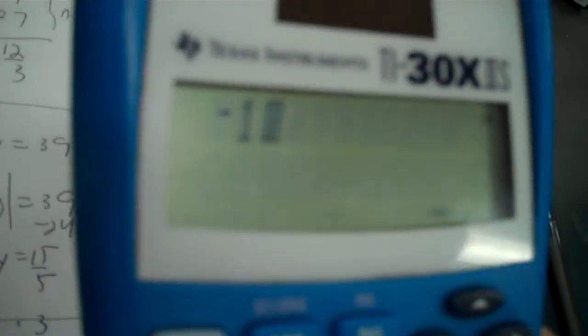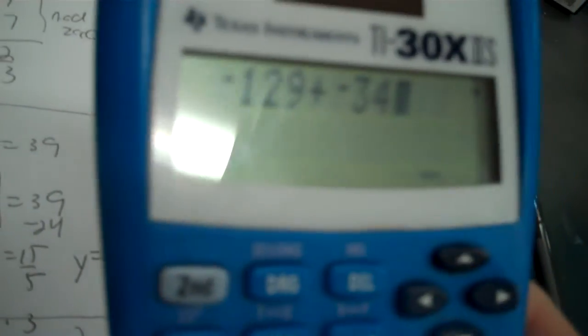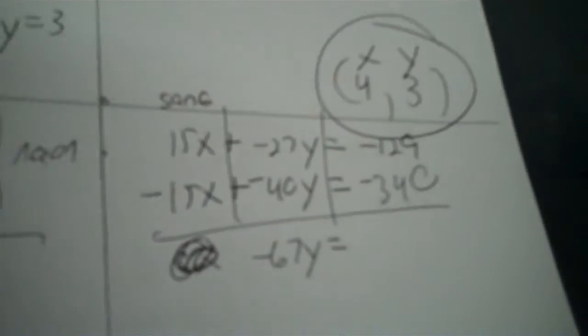And then negative 129 plus negative 340 is negative 469, and then I just divide, and I'm going to have my answer for y. So negative 469 divided by negative 67 is 7. Y equals 7.